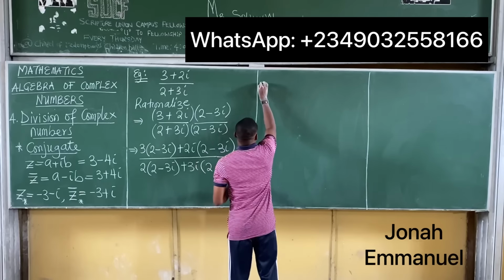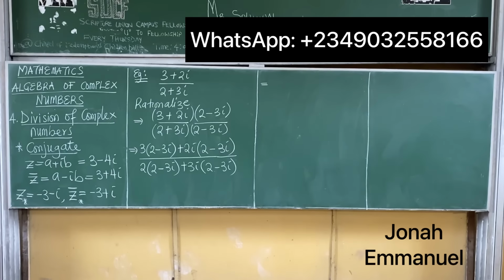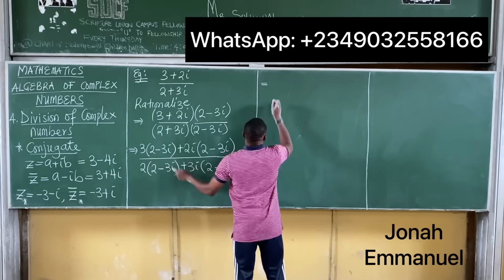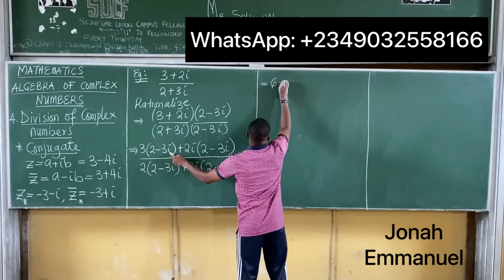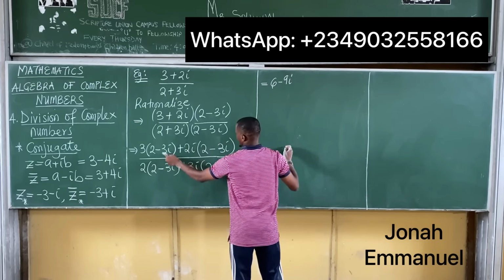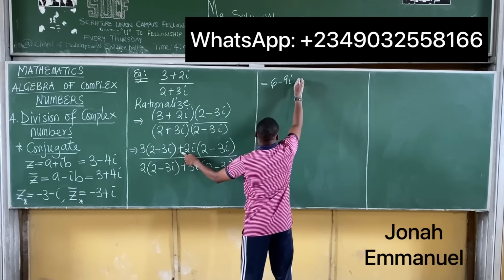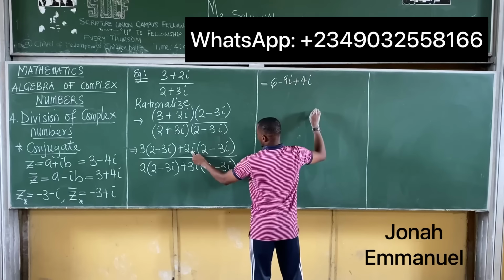So that's equal to 3 times 2 is 6. 3 times minus 3i is minus 9i. So 3 times minus 3 is minus 9, bring down the i. Plus 2 times 2 is 4, bring down the i.